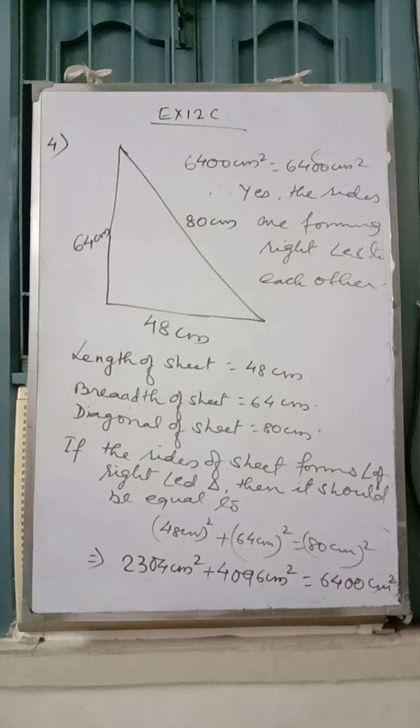Because the length square plus breadth square is equal to its hypotenuse square. So yes, it is forming right angles to each other. Is it? This is question number 4. Please write it, then we'll write question number 5.